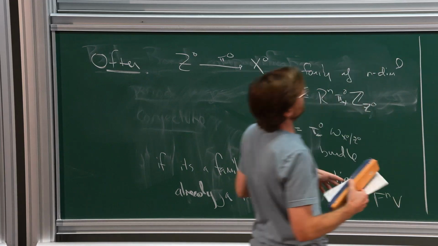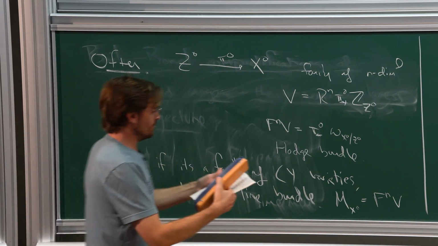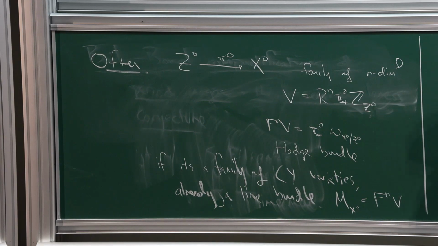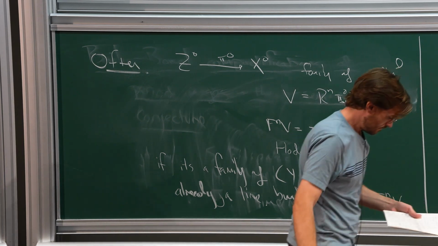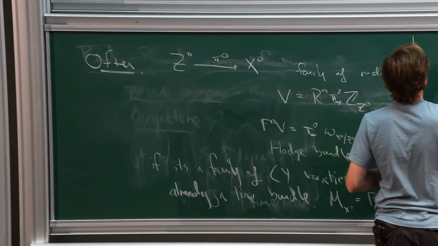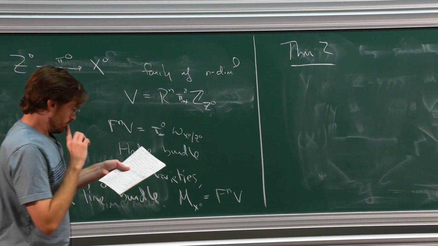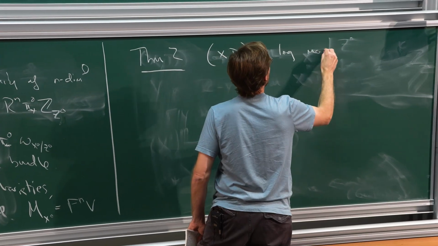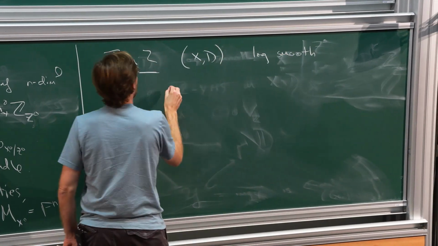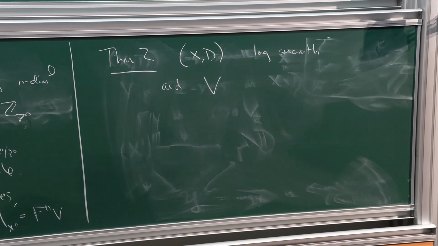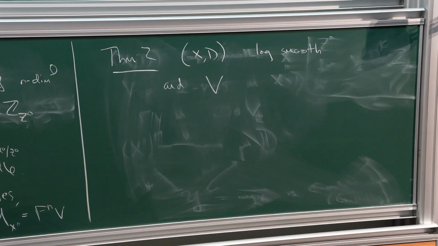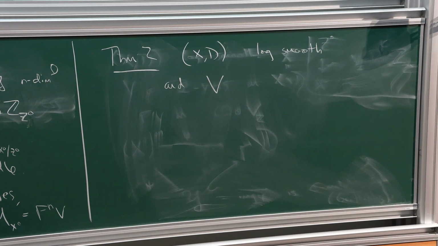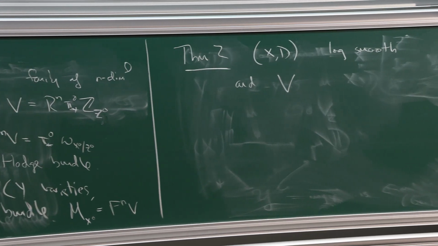So you might ask, well, what about its semiampleness properties? That leads me to the second theorem. Theorem 2: suppose X, D is log smooth, and V is a polarizable integral variation of Hodge structure, which looks like it comes from a family of Calabi Yaus, meaning the deepest part of its Hodge filtration is one-dimensional.